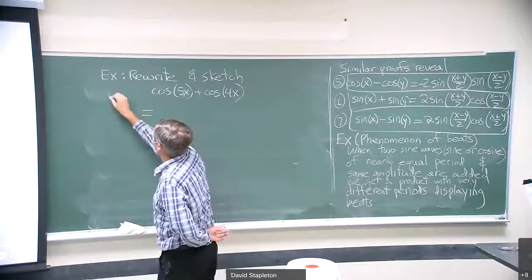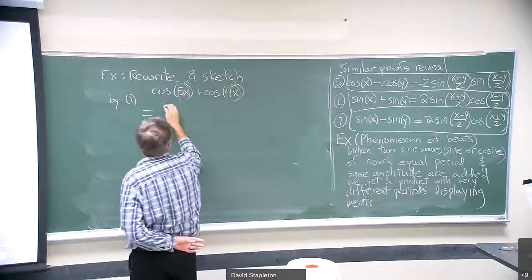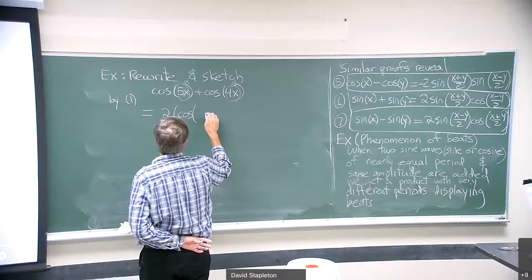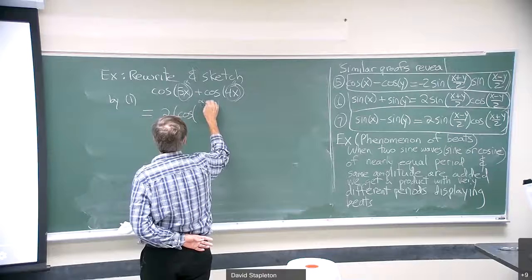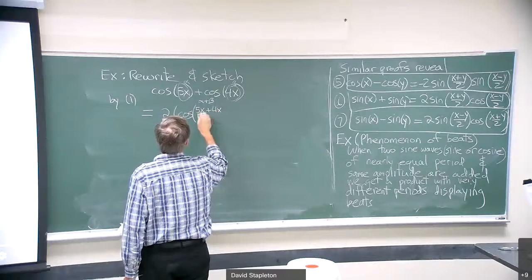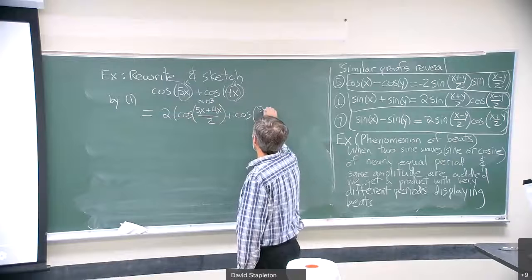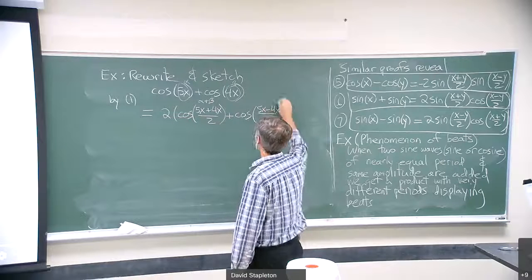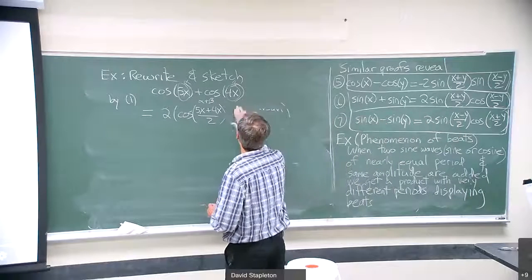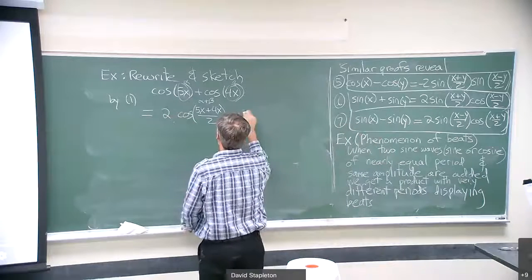By the sum to product identity, cosine alpha plus cosine beta is equal to twice the cosine of alpha plus beta over 2, times the cosine of alpha minus beta over 2. Oops, I'm miswriting at times.